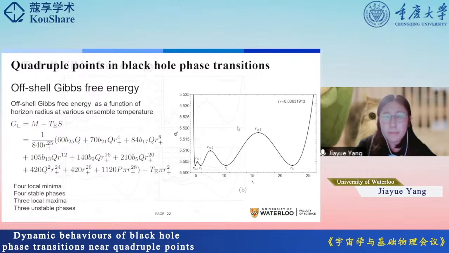And now let's talk about the off-shell Gibbs free energy at some different ensemble temperatures. The black one is the intermediate temperature, as we have seen before. If I lower the ensemble temperature, it becomes the blue curve.